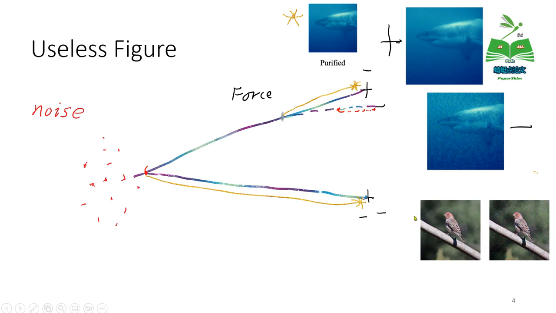Suppose it reconstructs a bird, then it shows it already removed the label information. So the problem is how to select the best T. Okay, I think the explanation is redundant.